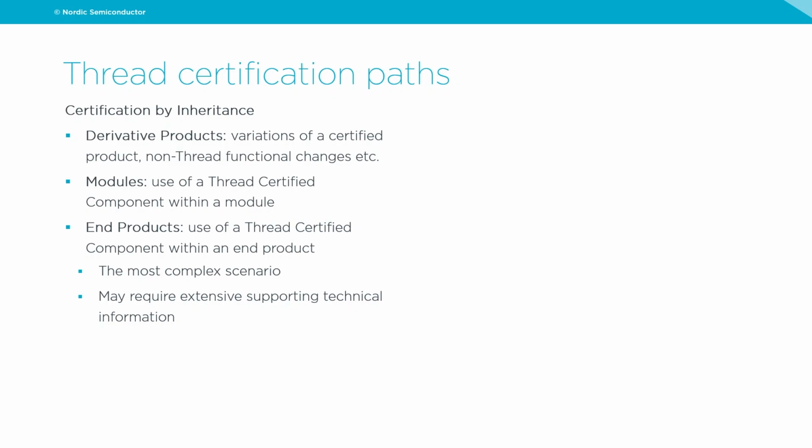Feasibility of this scenario is dependent on the specific vendor stack deployment approach and may require extensive supporting technical information. But please stay positive. Nordic delivers all needed technical information and technical support, so you can use this path for your product.